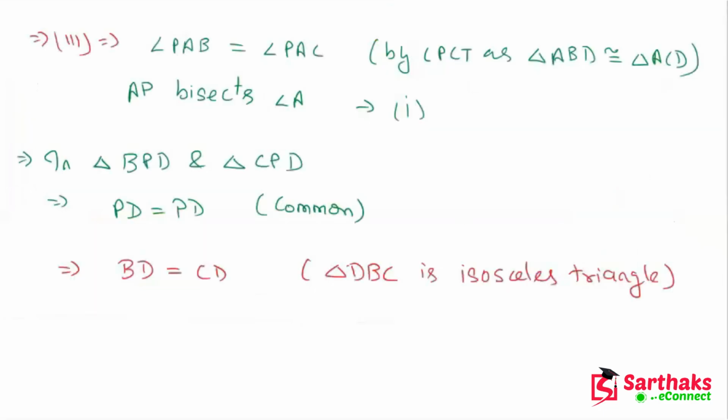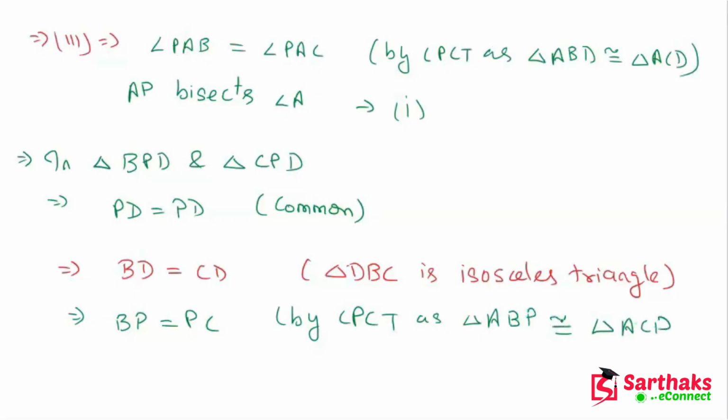So the third condition is BP is equal to PC by CPCT, as triangle ABP is congruent to triangle ACP.